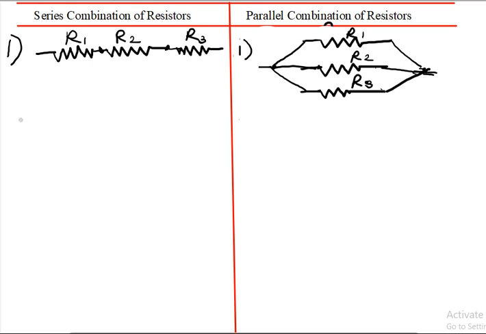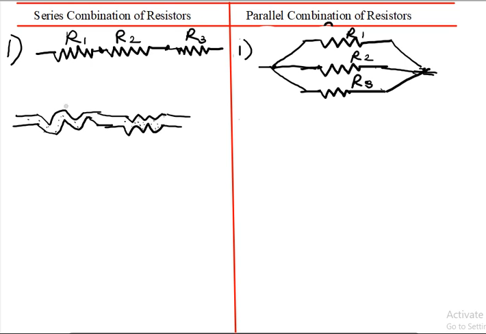You can compare this arrangement to the passing of water in a tube. Suppose there is a tube and two obstacles are there, the first obstacle in the water tube and another obstacle like this. The amount of water flowing through the first obstacle will be the same as the amount of water flowing through the other obstacle.